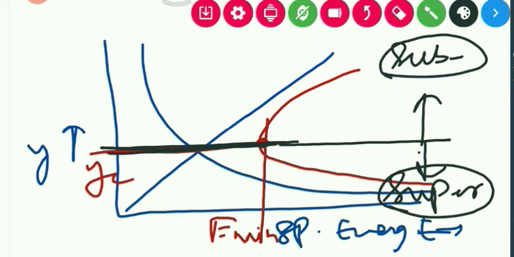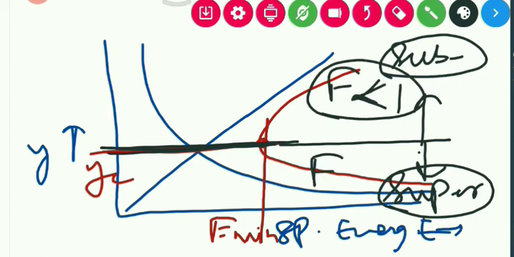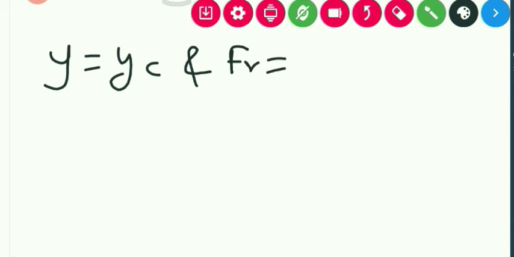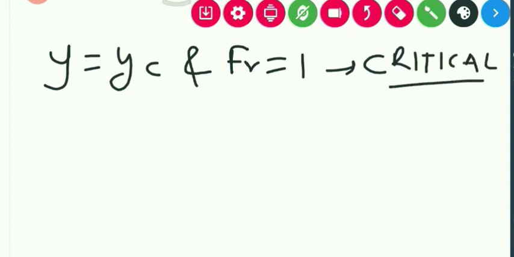For subcritical flow we have Froude number smaller than 1, and here we have Froude number greater than 1. If y equals yc and Froude number equals 1, we have critical flow.